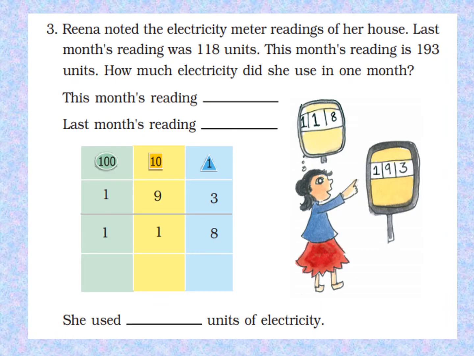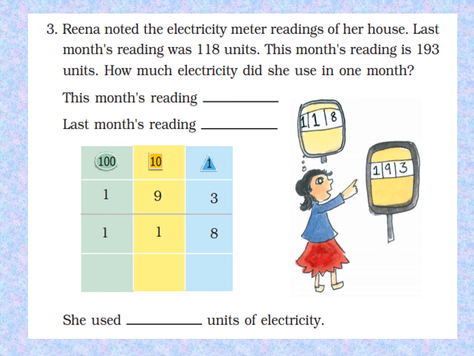Let's look at another question. Reena noted the electricity meter reading of her house. Last month's reading was 118 units. This month's reading is 193 units. How much electricity did she use in 1 month?